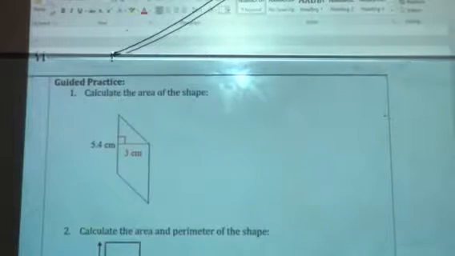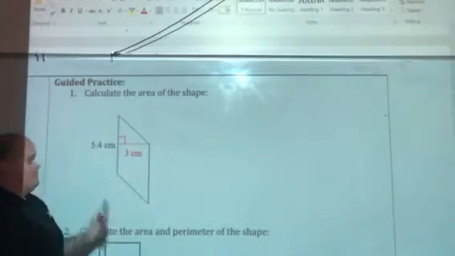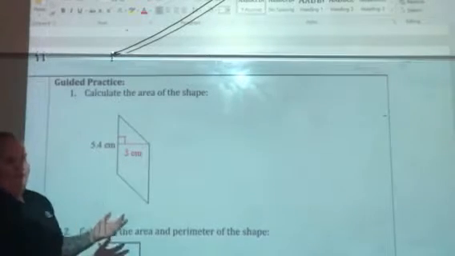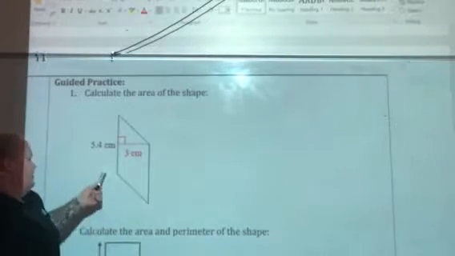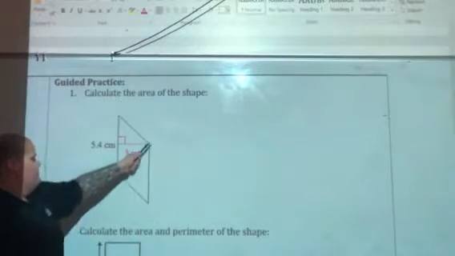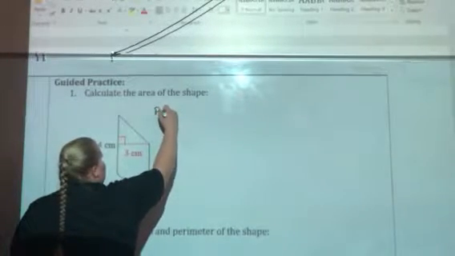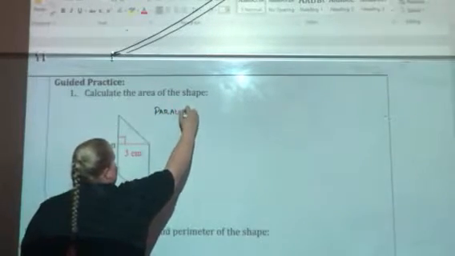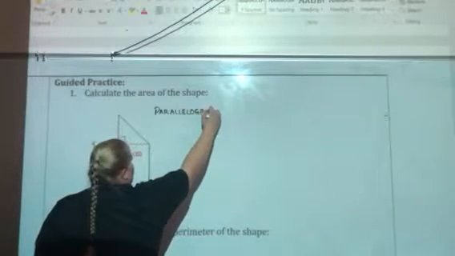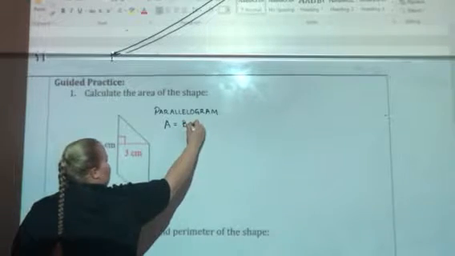It says calculate the area of the shape. Well, first off, we need to figure out what shape it is. If I'm looking at this, I know that it's definitely not a rectangle, it's not a trapezoid, it's not a triangle, it's not a kite. It is a parallelogram though, because these two sides are parallel and these two sides are parallel. And the formula for that is area equals base times height.